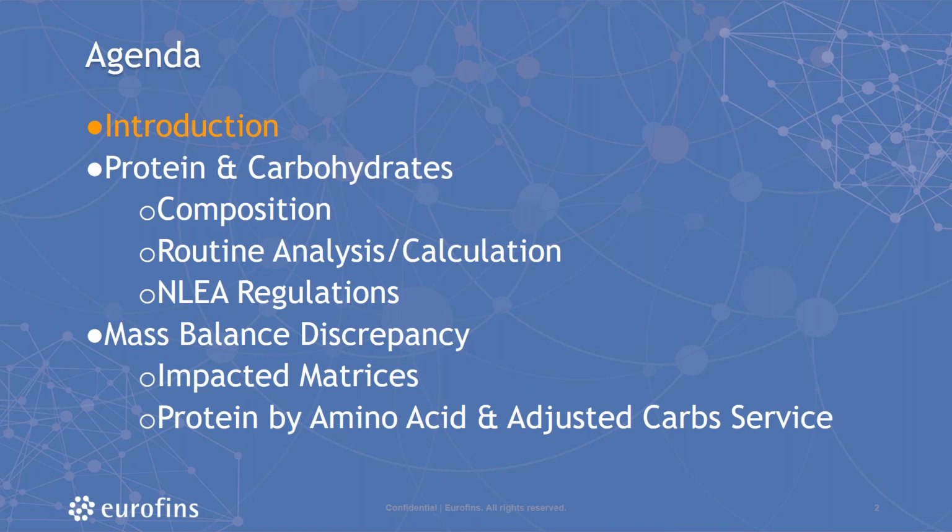I'm going to explain what this mass balance discrepancy is and what it means to the consumer or someone looking at the nutrition facts or your analytical report, as well as the new service that Eurofins in Des Moines is offering to support our clients when they face this challenge with their product.